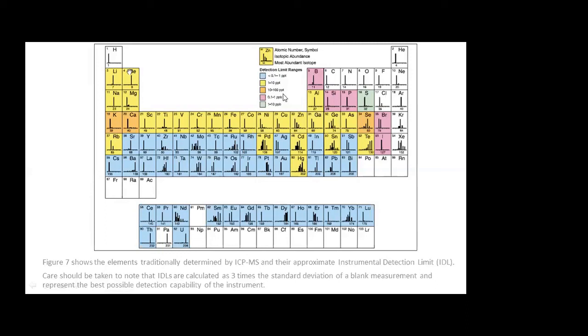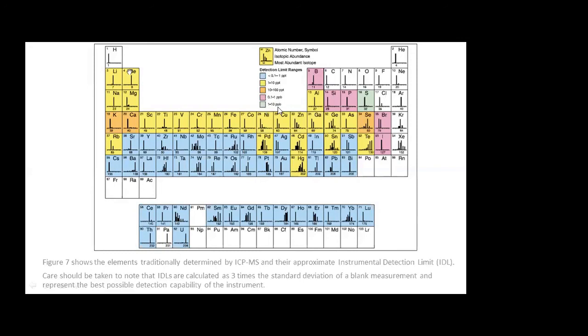Here you can see the blue one shows 0.1 to 1 parts per trillion. Yellow is 1 to 10 parts per trillion, and blue is less than 0.1 parts per trillion. And this orange one 10 to 100 parts per trillion. Pink one is 0.1 to 1 parts per billion, and green one is 1 to 10 parts per billion.